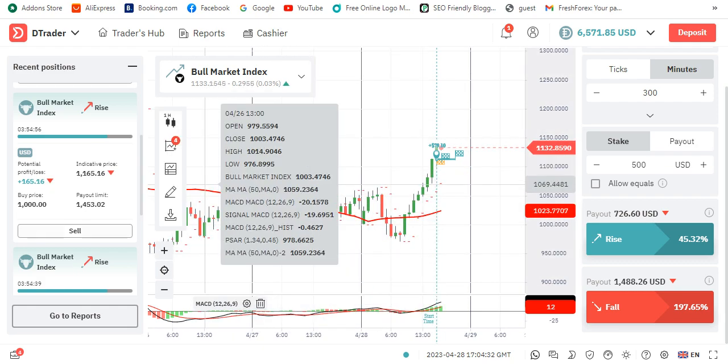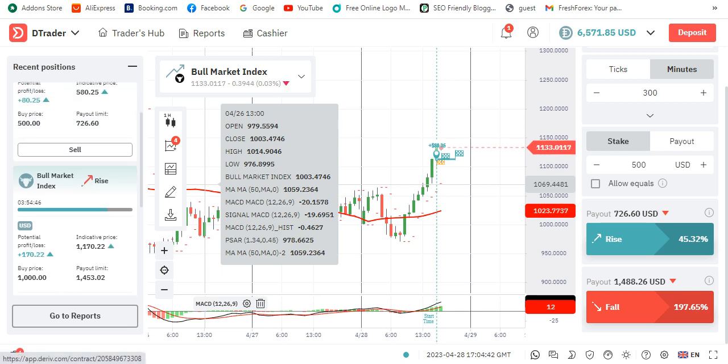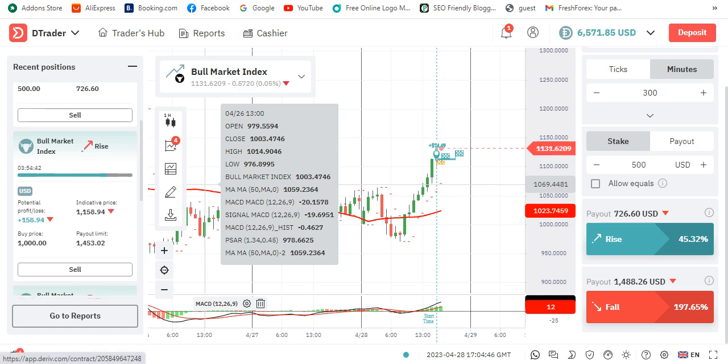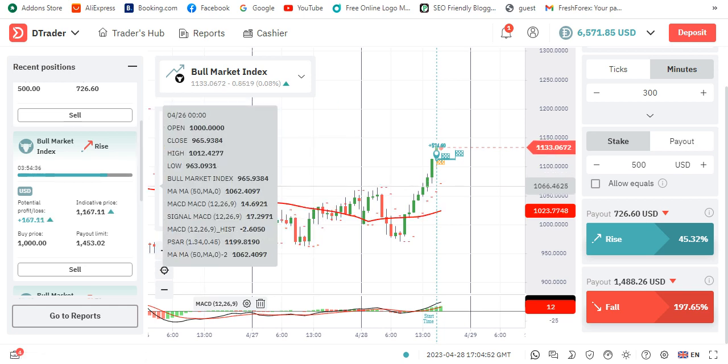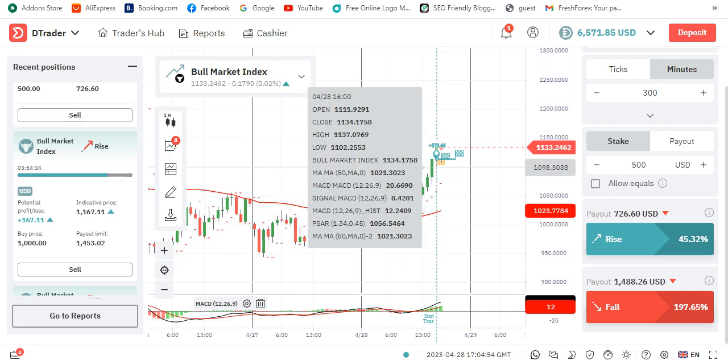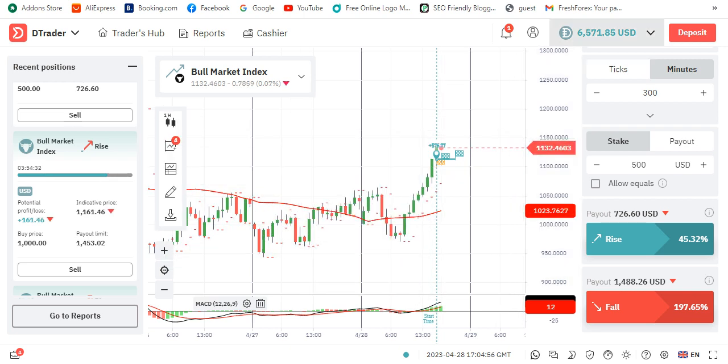You can see with $1,000 a single trade is making over $170, while the one of $500 is making $80 right now. Use about 2% of your capital. So for you to use $1,000 to trade, it means you have about $50,000 or $10,000 as capital.